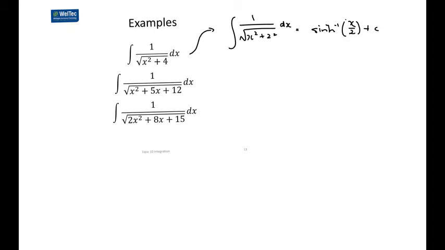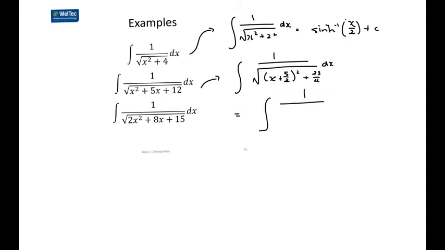The second one we have to do a little bit of jiggling first but we can rewrite it as the square root of x plus 5 over 2 squared plus 23 over 4. That's just by completing the square. And a little bit of further jiggling, we can see that that's equal to 1 over the square root of x plus 5 over 2 squared plus the square root of 23 over 4, which would be root 23 over 2 squared.